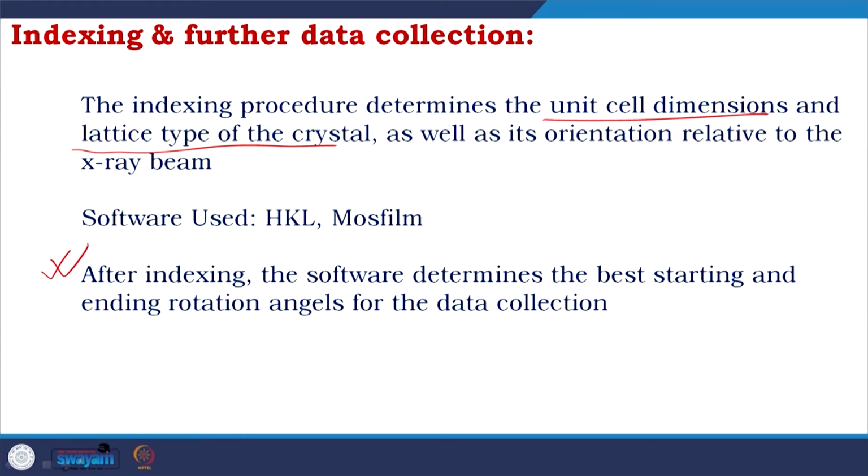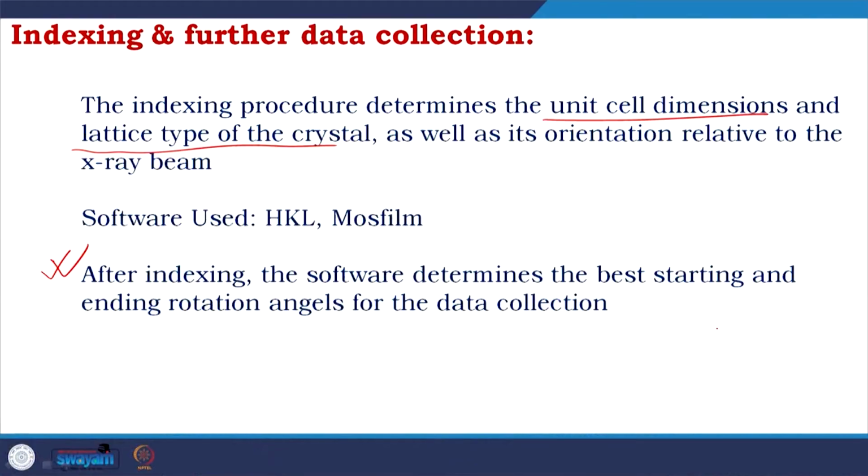So, three things are important. Here the initial images would be utilized. First, how much exposure you are going to give, then what would be your starting and ending rotation angle range, and third, what would be the degree of interval.